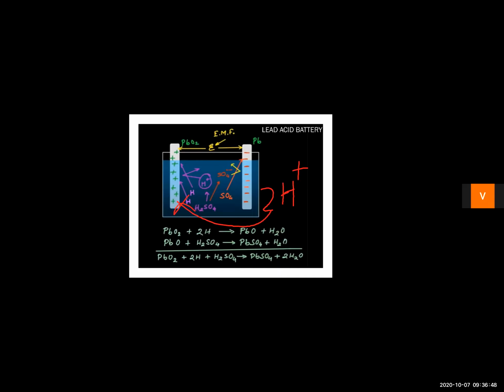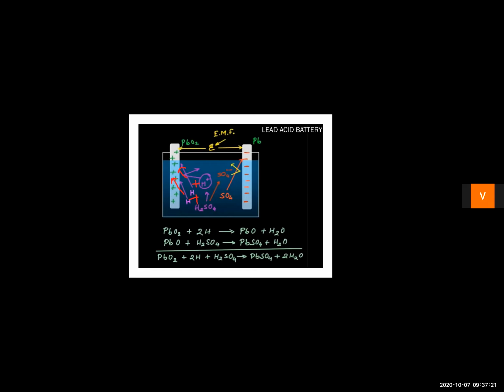They react with it. And what does it do? The H plus ions reach the PbO2 plate. This is their movement. Let me show it to you over here. Here are your H plus ions, right beta? So what happens? These H plus ions move towards the PbO2 lead dioxide plate, and then they release their charges on the plate.